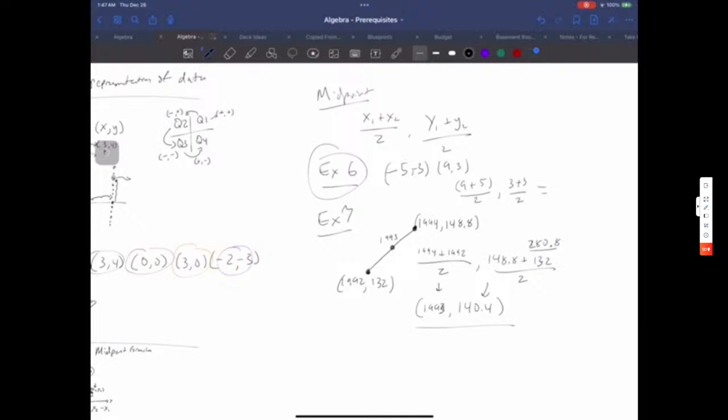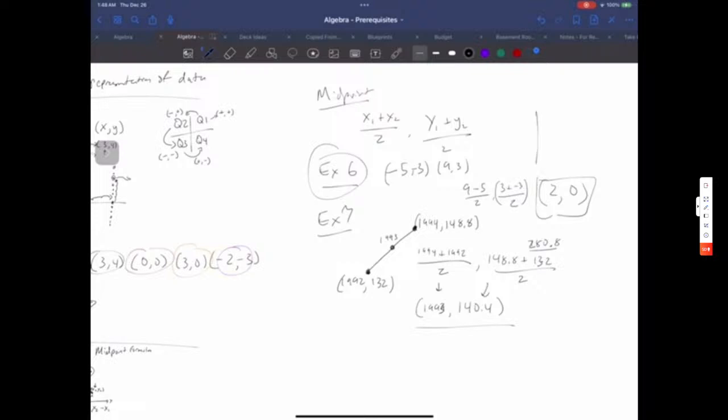I'm sorry, these are plus. I keep thinking of the distance formula. Sorry about that. So we have 9 plus a negative 5 over 2, and 3 plus a negative 3 over 2. 3 plus a negative 3 is just 0. And 9 plus a negative 5 is 4, divided by 2 is 2. And the midpoint is just 2, 0.